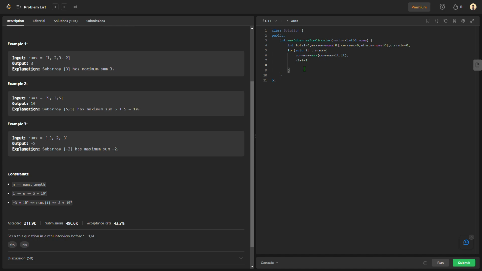It said, what is the max? Is current max plus it the maximum value, or is the element that I am at the maximum value? It said the element which I am at is the maximum value. So if the element at which I am is the maximum value, take that element as the starting position of a maximum sum subarray.